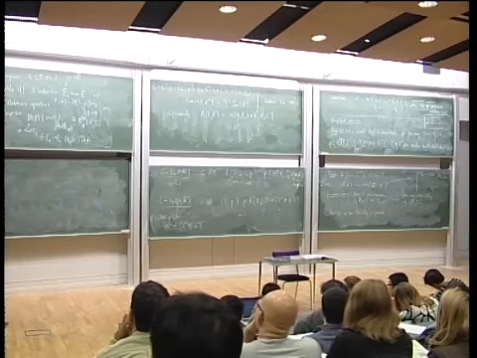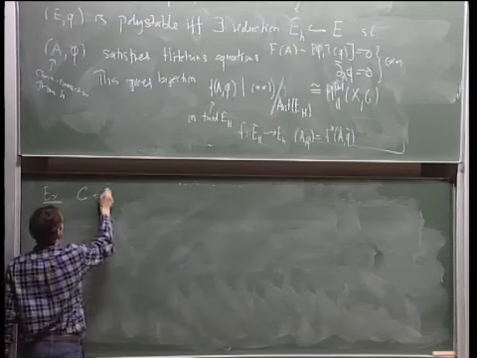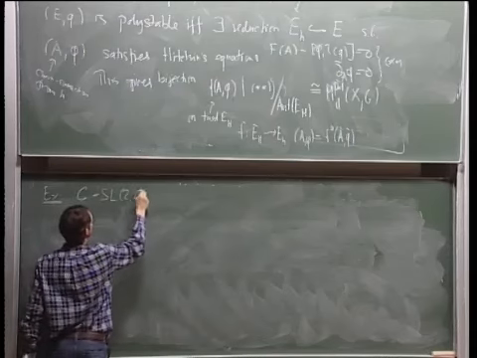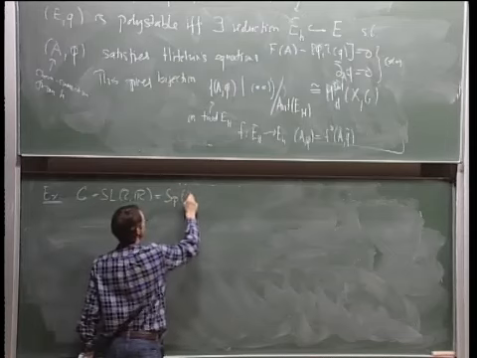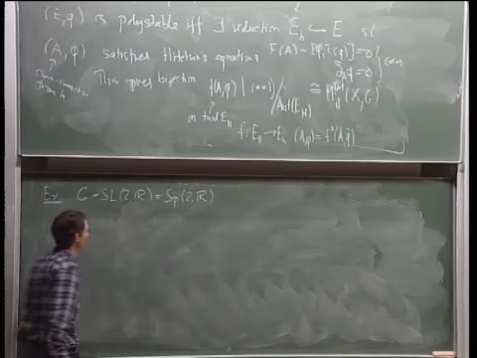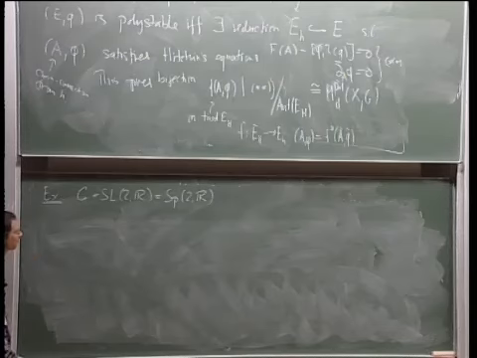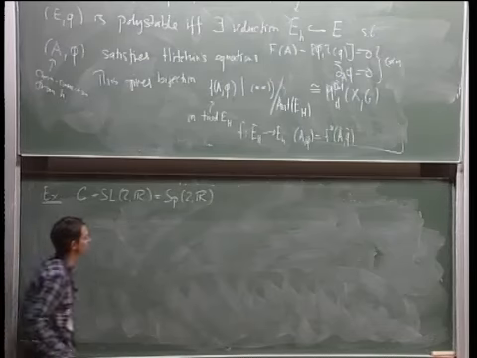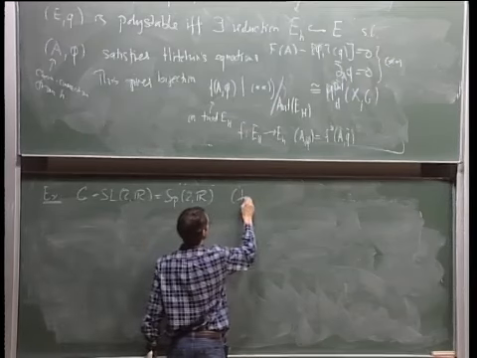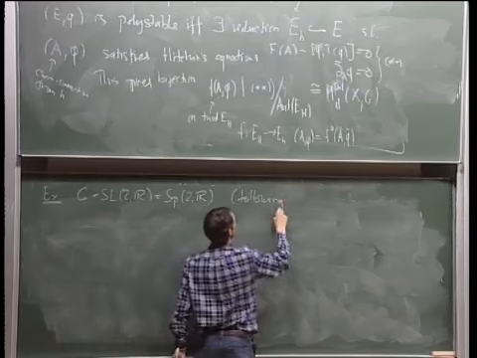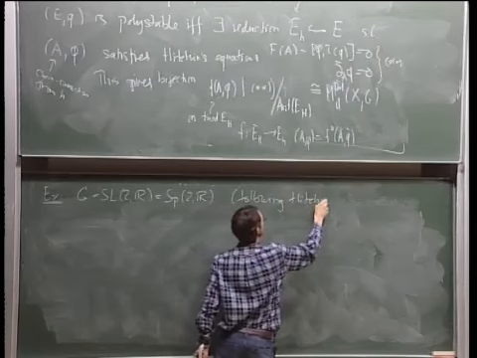So another example here. It's maybe in a way better to think of that as Sp(2,R). I'm going to follow Hitchin's original paper here.